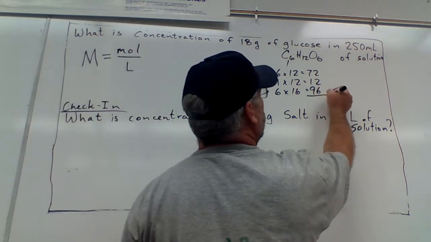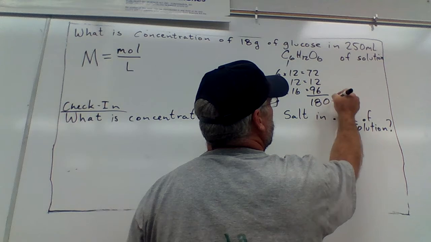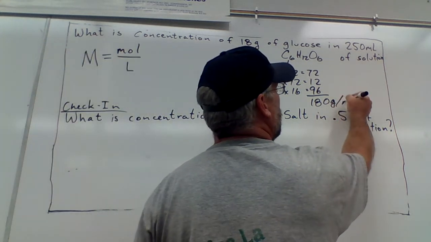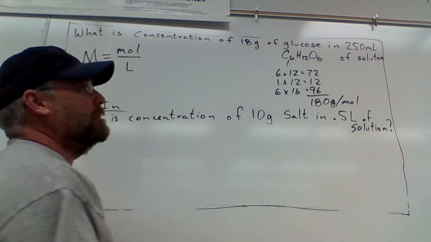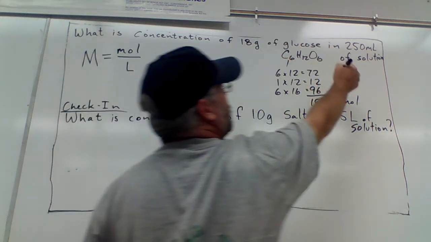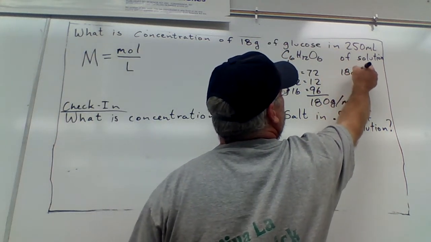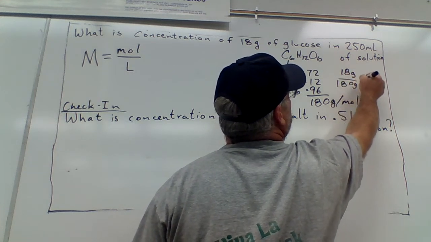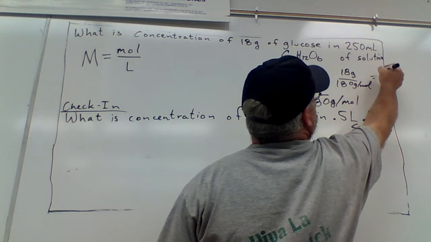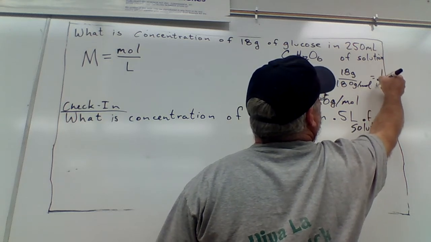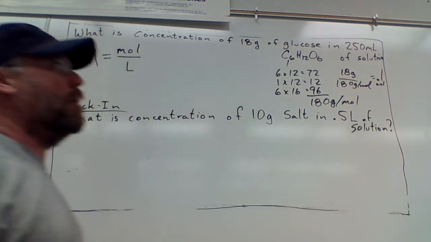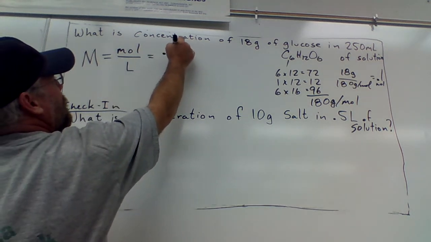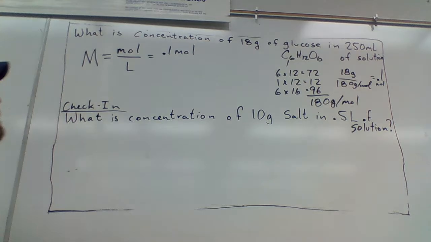If we add all of those up, we get 180 grams per mole. Real quick calculation then: 18 grams divided by 180 grams per mole is 1/10 of a mole, or 0.1 mole. So I know that now, 0.1 mole.